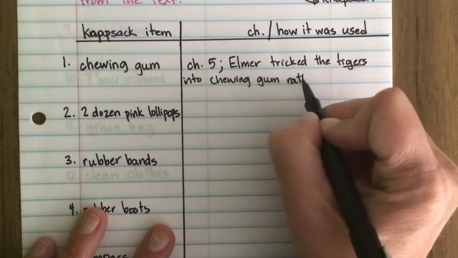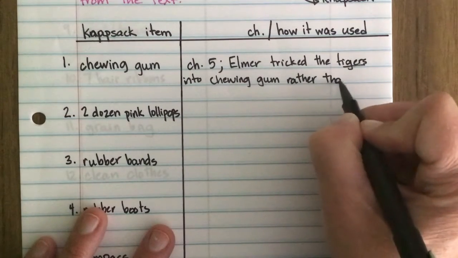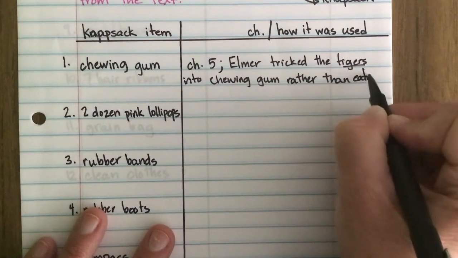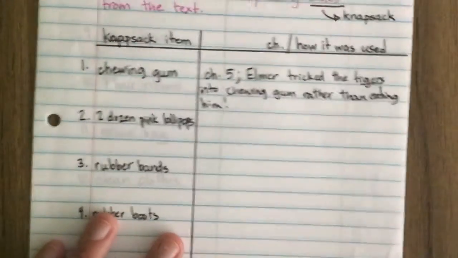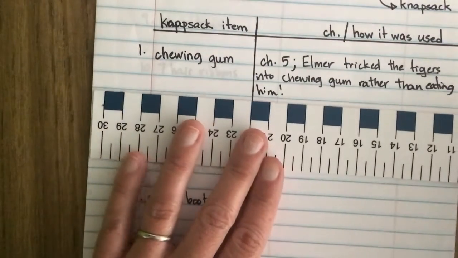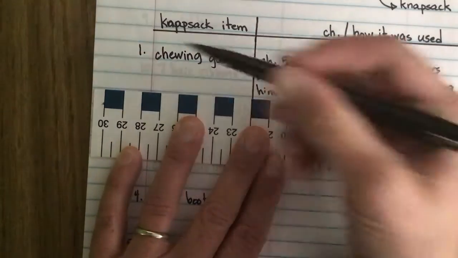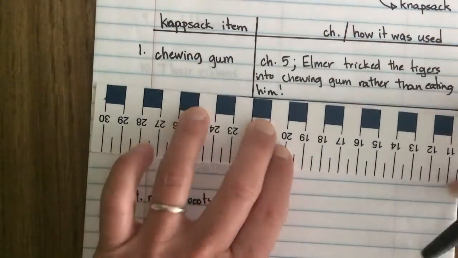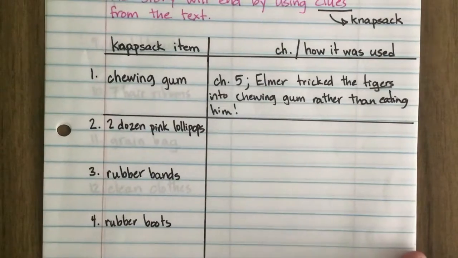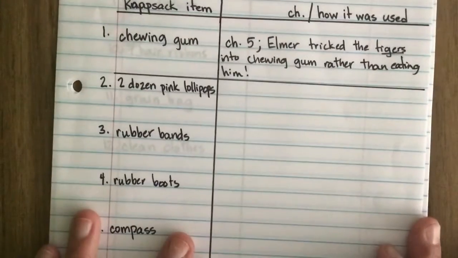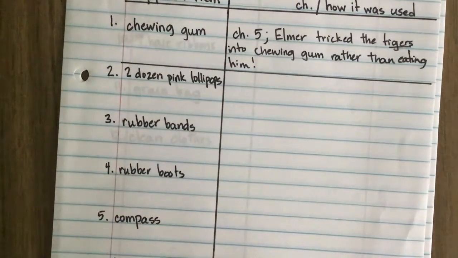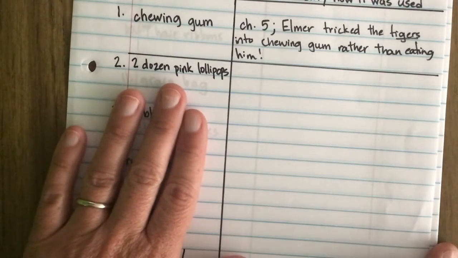Rather than eating him. And that's it. And if you need to draw a line underneath that to kind of keep your spot, you can. So in chapter 5, Elmer tricked the tigers into chewing gum rather than eating him. You're going to do the same thing with every item that has been used.